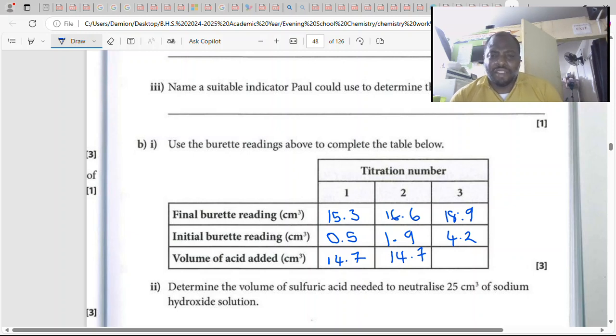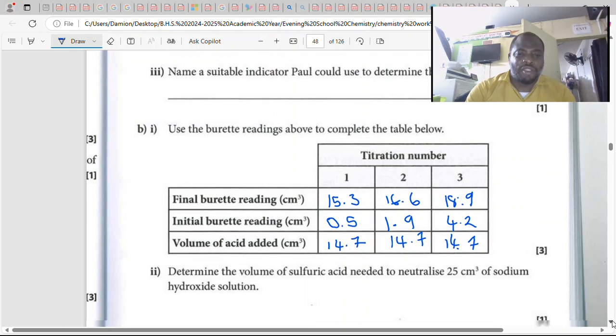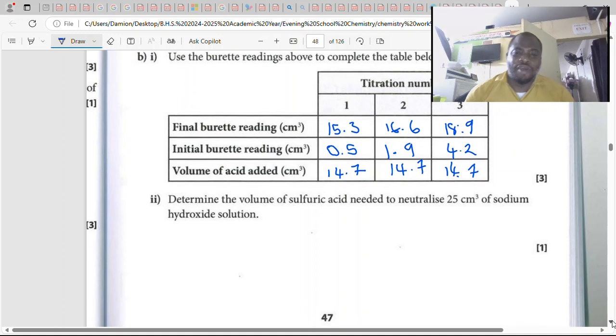And that, again, is 14.7. Normally, with human error, you have to be very keen in ensuring that you don't go over, and so you have to do it drop-wise. So it's very accurate. Paul works on miracles.